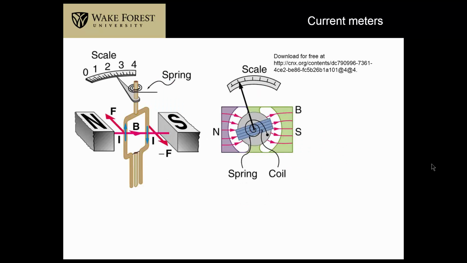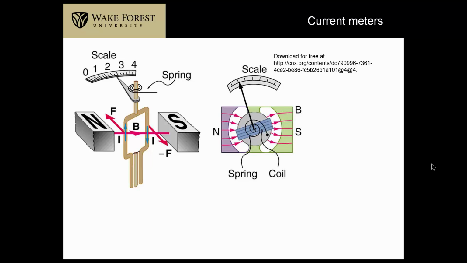If we were to not use commutators, but just hook a current up, and build a spring to resist the torque of the magnetic field on the loop, we would have an arrangement where the amount of rotation in equilibrium is proportional to the torque we apply.